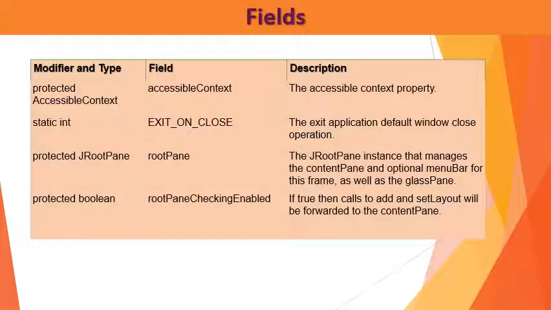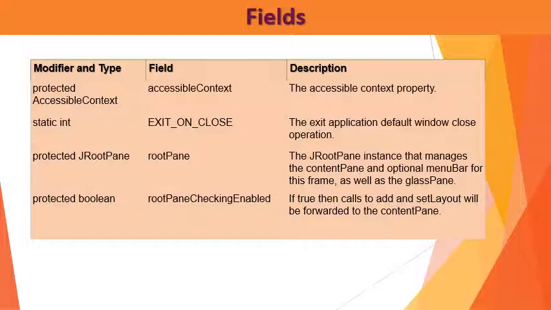Let us see the fields used in JFrame. There are a number of things which we have to take into consideration: the modifiers and types, the fields which are used in the program, and the description of each field. The first modifier and type is protected AccessibleContext.